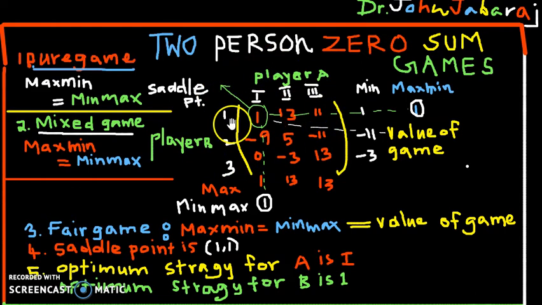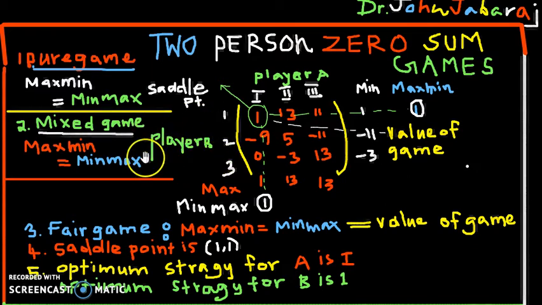Now look at the first strategy for player A. Among them, the minimum gain for player B is 1, and here the minimum is minus 11, here the minimum is minus 3. So these are the minimum gains to player B. His aim is to maximize the minimum gain.